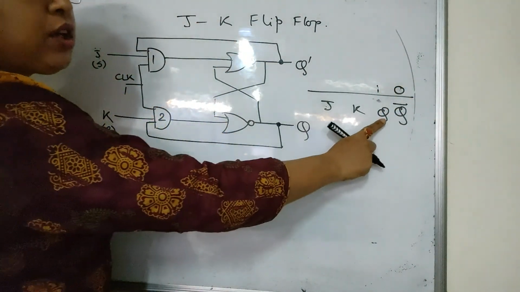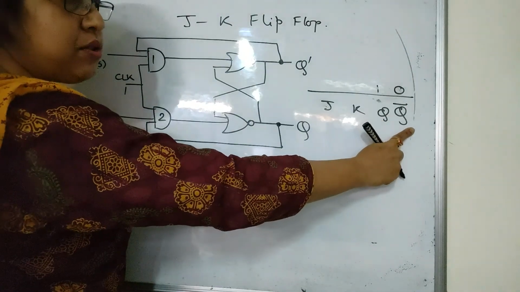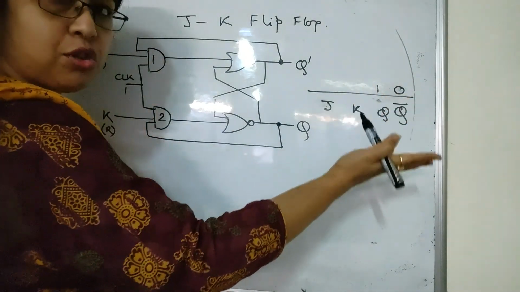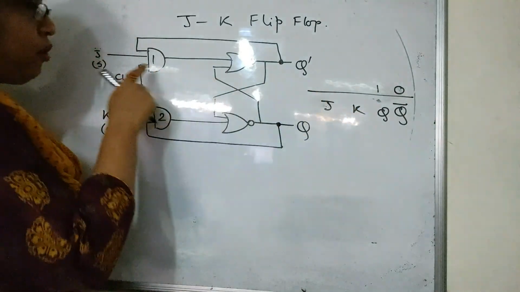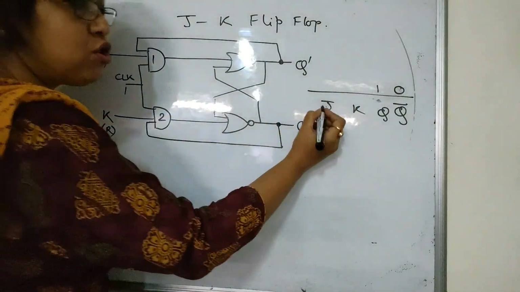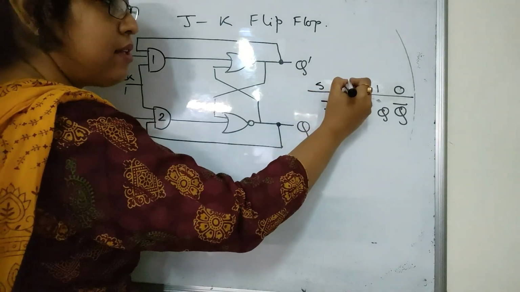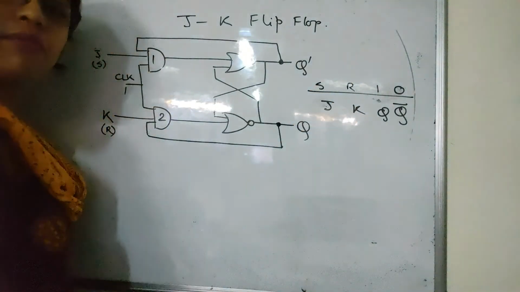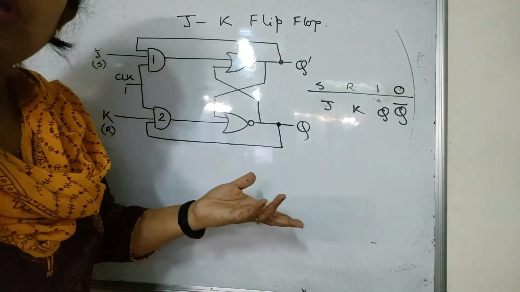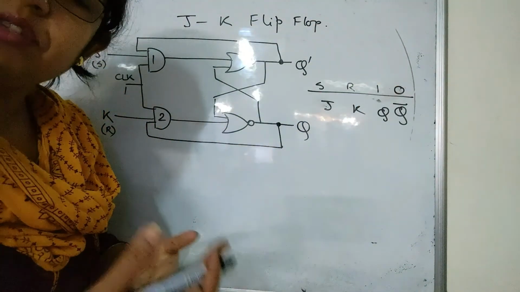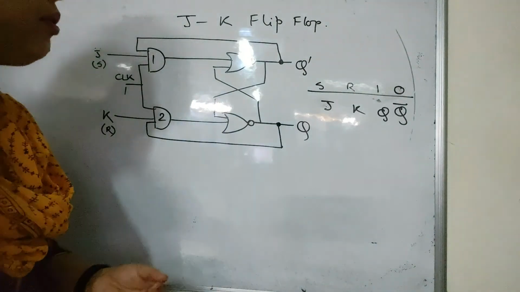So we are considering Q as 1, Q dash as 0. We are assuming the previous output. We have J and K, and as I have already told you, J is equivalent to S and R is equivalent to K. So I will write down S and R over here so that I can compare the working of SR flip-flop with JK flip-flop.